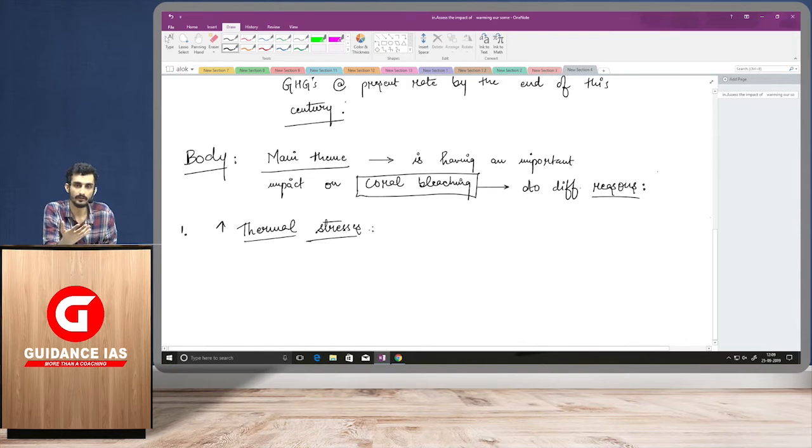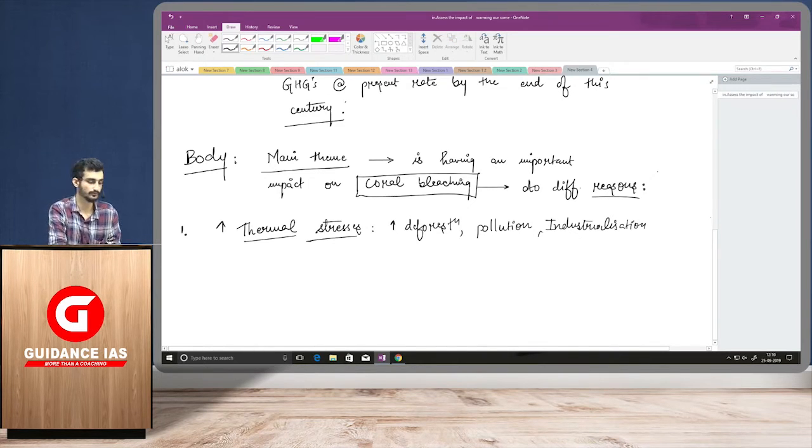So we can look at those characteristics and see how global warming is impacting them. Due to global warming, there is high thermal stress, attributed to deforestation, pollution, industrialization, and so on. Therefore, it is distorting this ideal scenario of 20 degrees Celsius temperature where corals thrive. So first point is thermal stress.